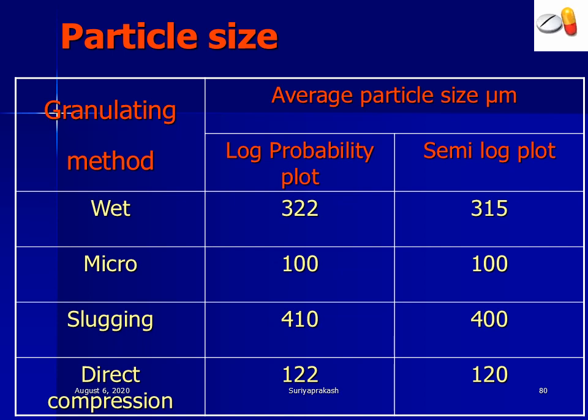So what do we get? Average particle size in microns: in wet granulation, the particle size is 322, micro granulation 100, slugging 410, direct compression 122. Log probability and semi log plot, both more or less give the same result. Now this is the result we got.